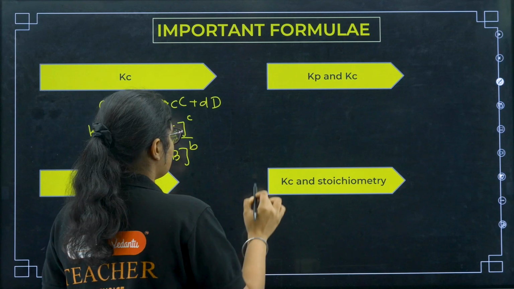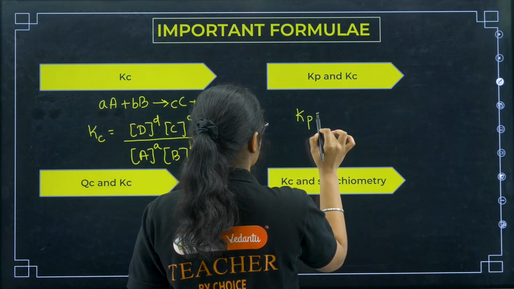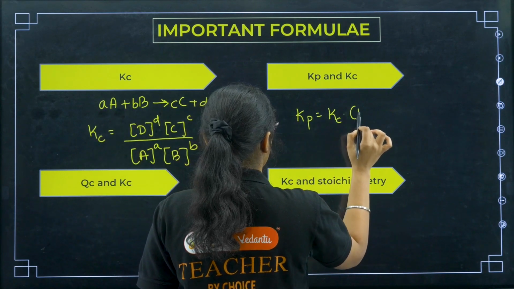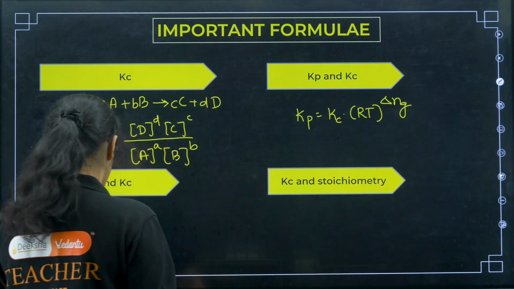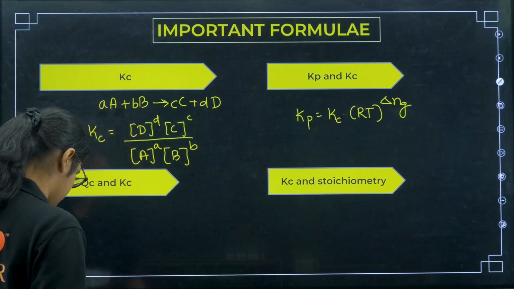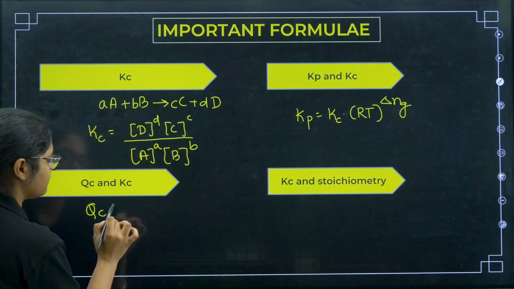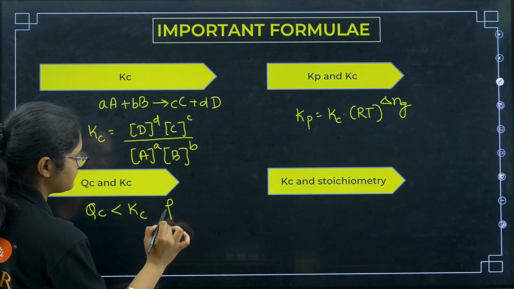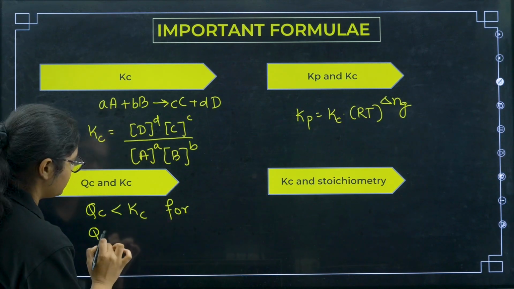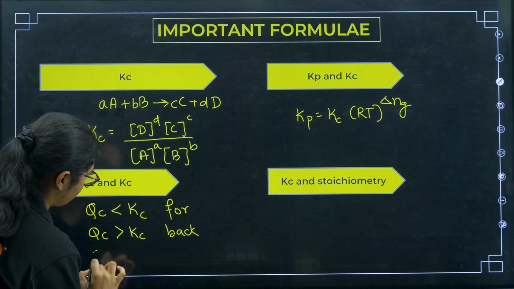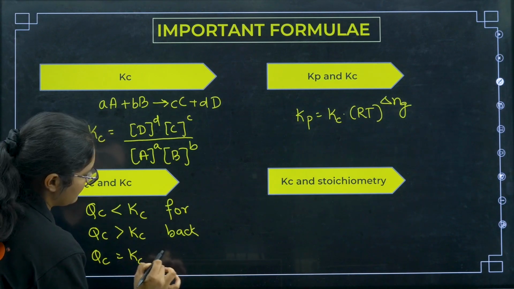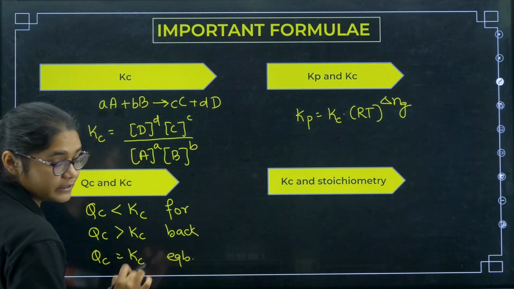Next, the Kp and Kc relation: Kp = Kc (RT)^Δng, right? Next, Qc and Kc, what is the relation? If Qc is less than Kc, the reaction will go in the forward direction. If Qc is greater than Kc, the reaction will go in the backward direction. If Qc is equal to Kc, then the reaction is already at equilibrium.